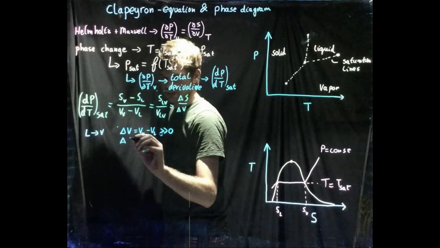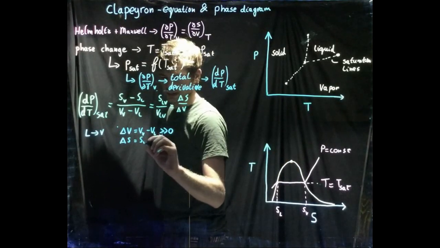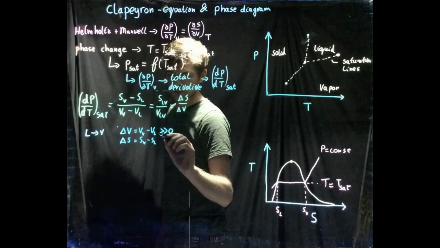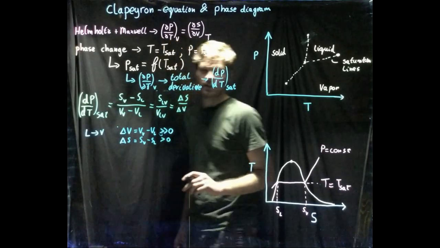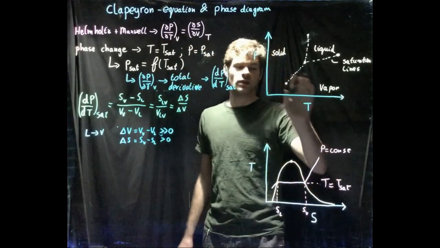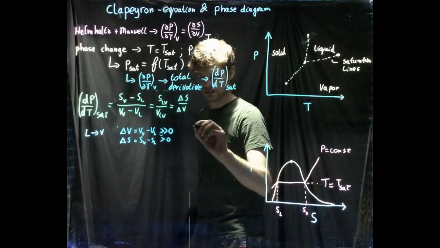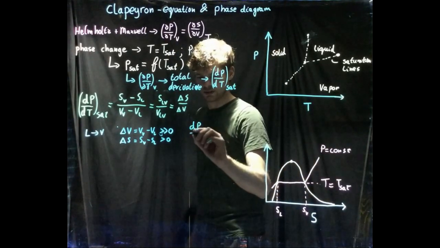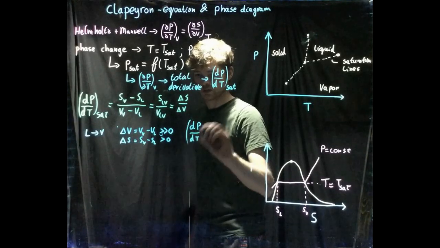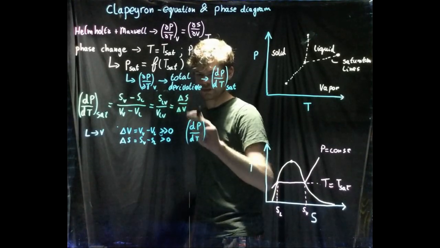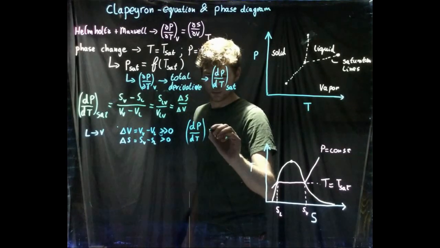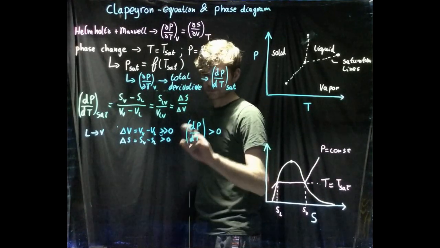So the difference in entropy, S vapor minus S liquid, will be large as well, but not as large as, for instance, for a solid to a vapor. So we can say that dP/dT, which is of course equal to delta S over delta V, will be larger than 0.